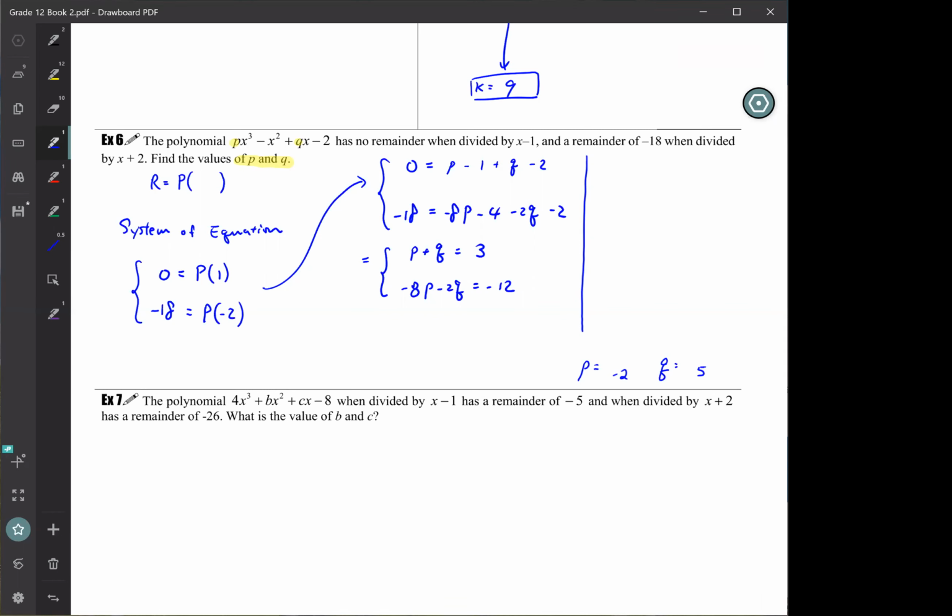Okay, can you guys raise your hand if you found the two equations? Only two people got the two equations? Okay, change of questions. Please raise your hand if you don't know how to find P and Q, if you don't know how to do a system of equations.